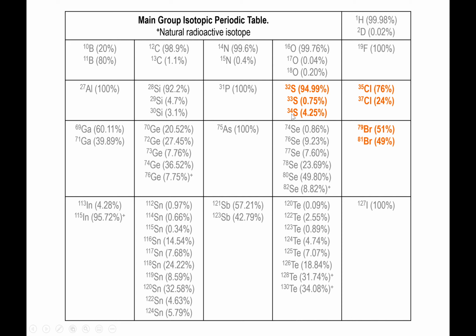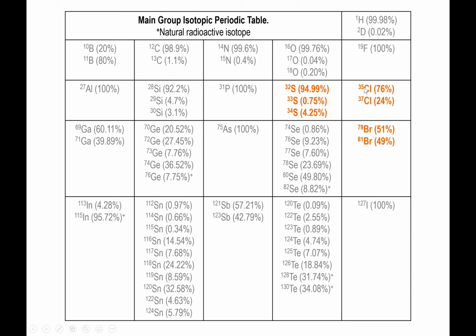The thing to notice is that sulfur-32 and sulfur-34 are going to be the predominant ones, and there is a difference of 2 atomic masses between those two isotopes.